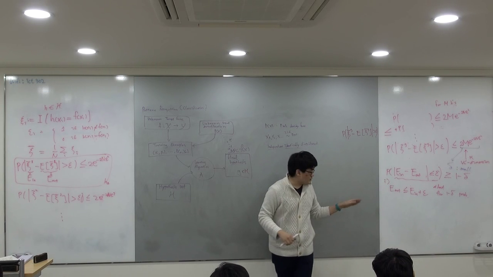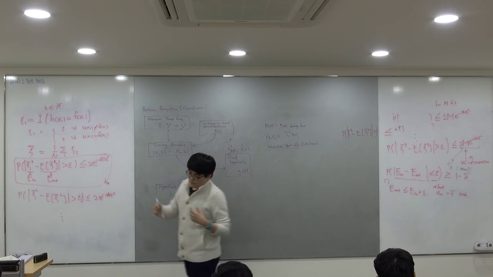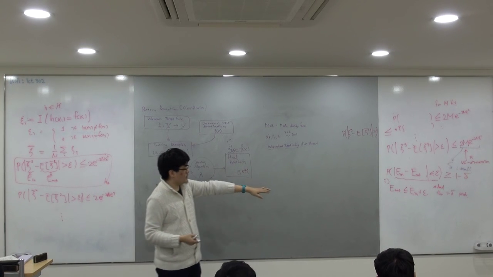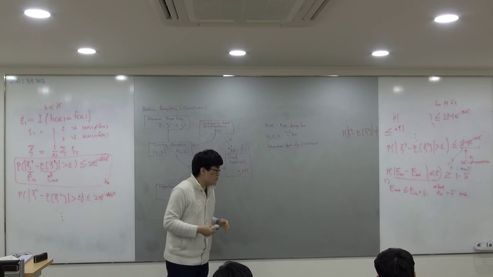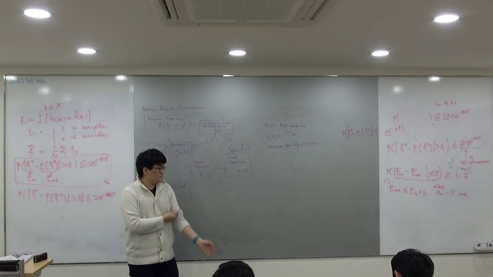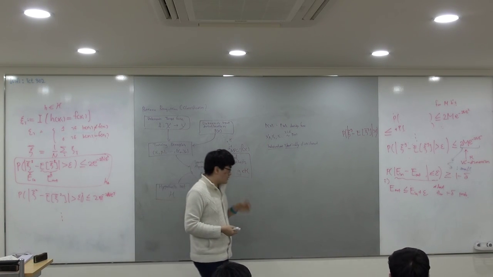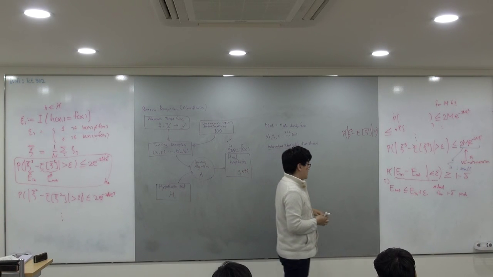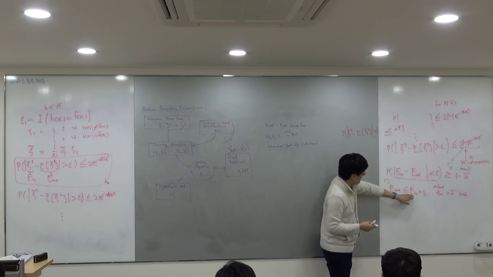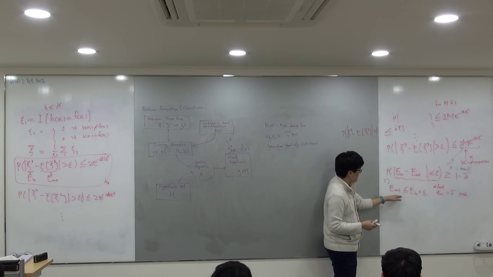So if you train harder to minimize the in-sample error, E in, then your out-of-sample error is quite small. It's not exactly smaller than the training error.